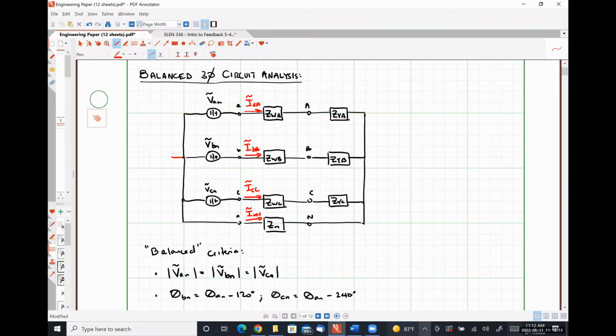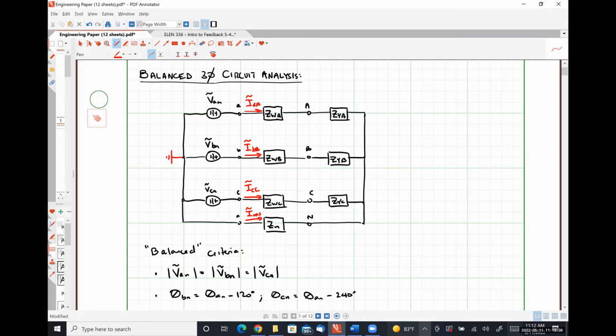So effectively, I'm just setting this nodal voltage arbitrarily with respect to ground. Now, this is actually done in practice a lot. We tie the neutral node to ground. But for this specific example, this is just to give us a reference voltage that we're going to compare everything to for the sake of the math.